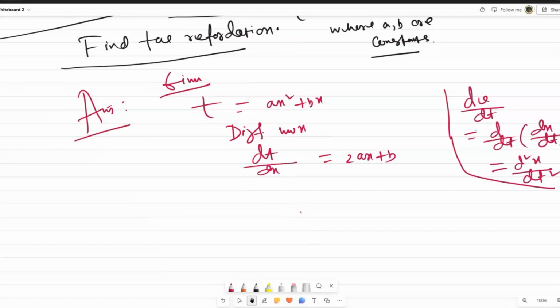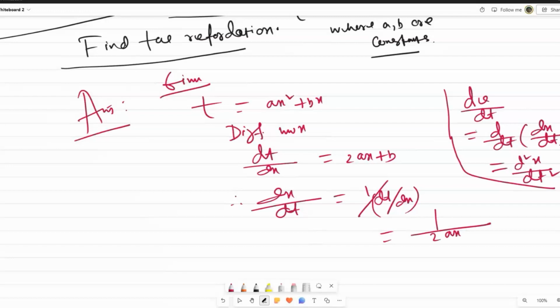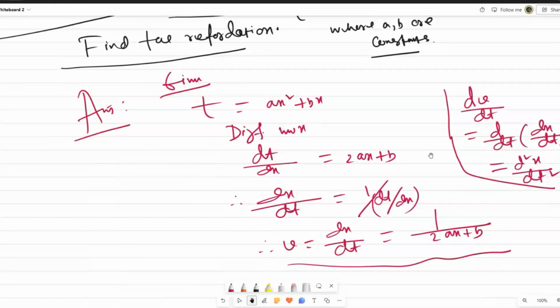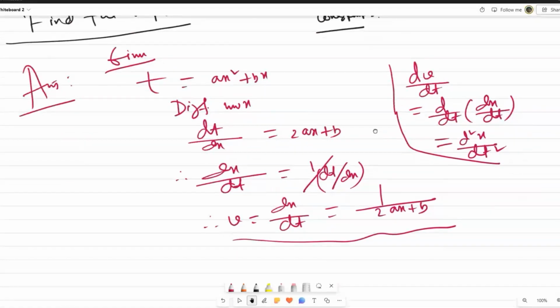We just take reciprocal. Therefore, dx by dt, which is the reciprocal of dt by dx, is 1 by 2ax plus b. This is dx by dt. This is v. So v equal to dx by dt equal to this thing. Okay?